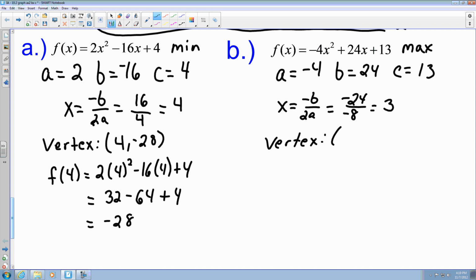So, looking for the vertex, we got 3, comma. We don't know what our y value is, but we can substitute in our 3 into the original equation and solve for it. So let's do that.